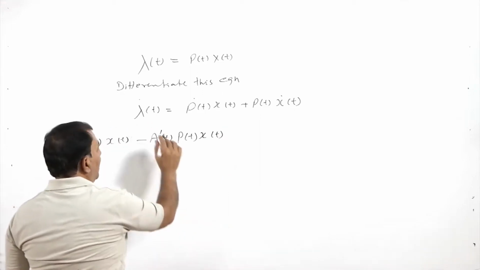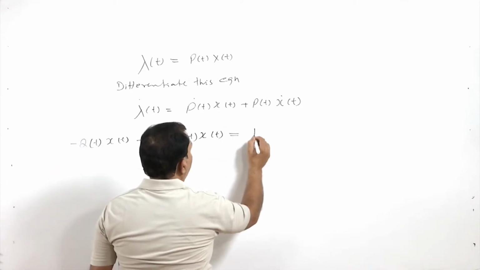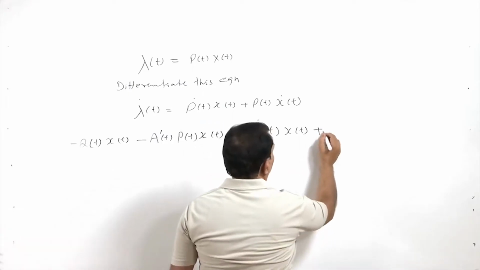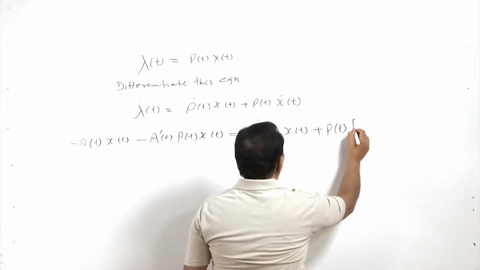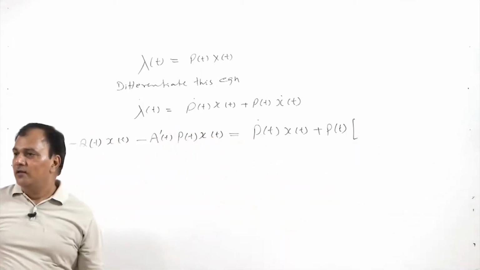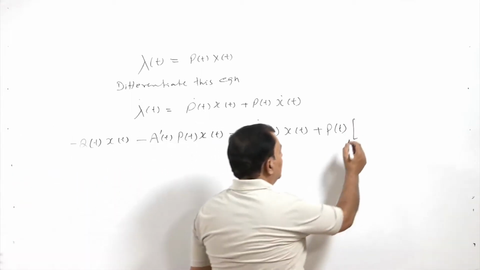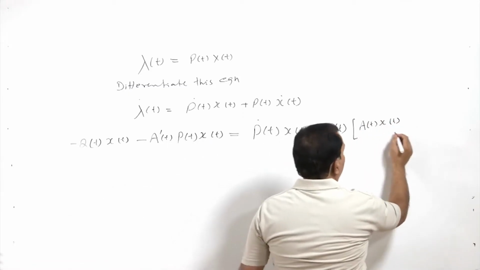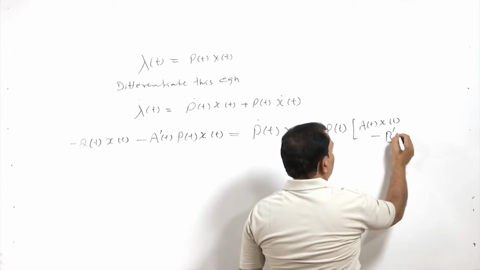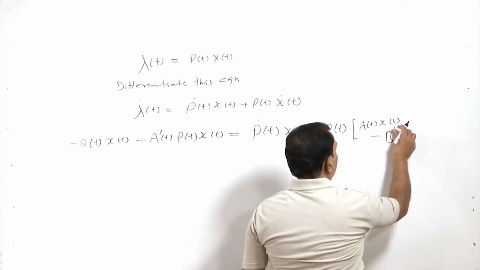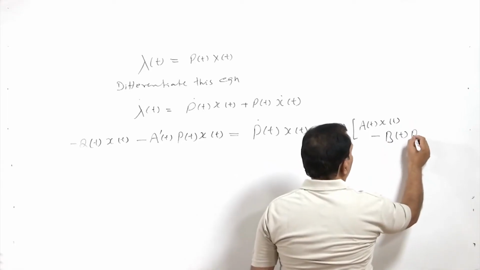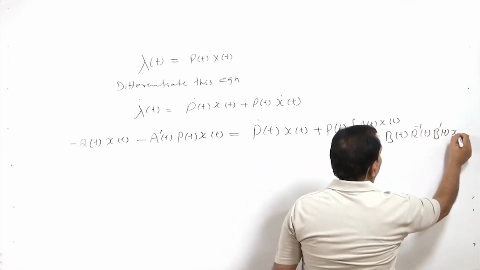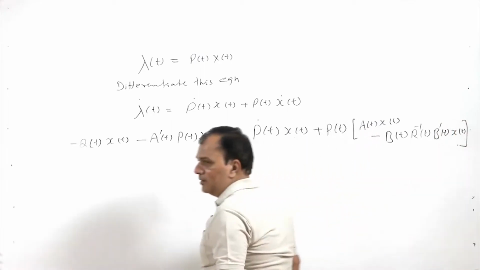This I will keep as such: P dot(t) x(t) plus P(t), and x dot(t) is Ax minus B R inverse B transpose P(t) x(t).